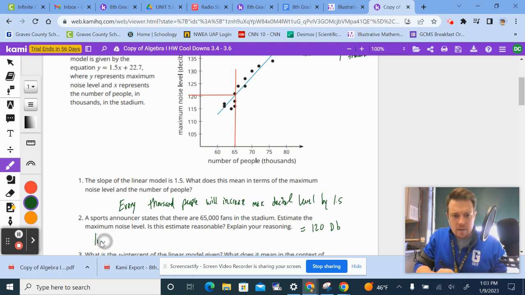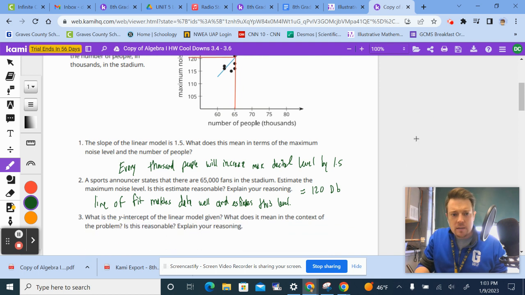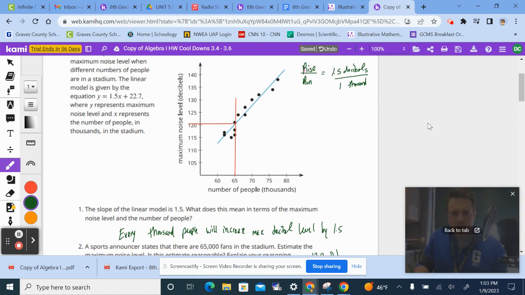We can say our line of fit matches the data well and estimates this level.